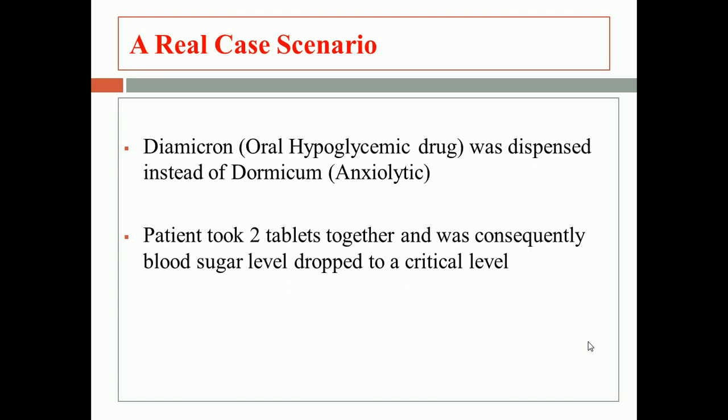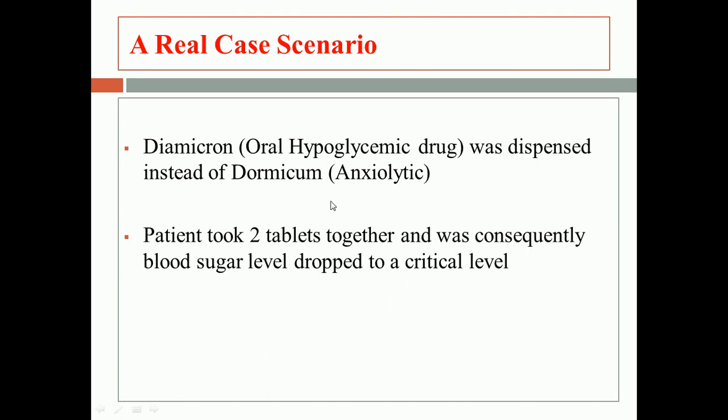But instead, the salesperson, or pharmacy assistant, dispensed him a Diamicron. So here you can see Diamicron and Dormicum sound alike. This is an oral hypoglycemic drug, used for diabetes, which lowers the blood glucose level. So what happened?